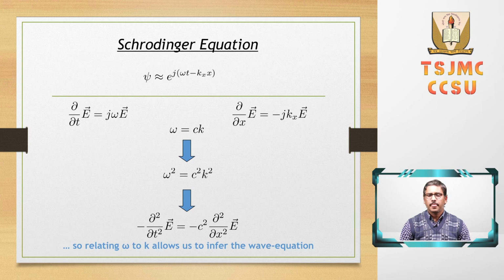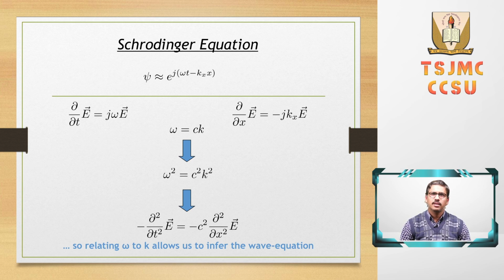In three dimensions, you can write it as e to the power i(omega t minus k vector dot r vector). If you take the dot product of vector k with vector r, you will get kx x plus ky y plus kz z. That describes the equation of a plane. So the phase is a plane, which means it is a plane wave equation.